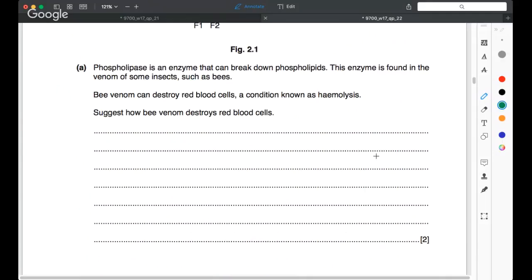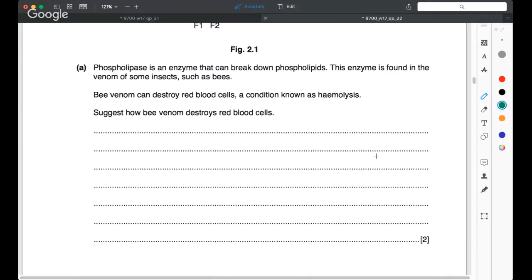By phospholipase breaking down the phospholipids of the phospholipid bilayer, it would destroy the cell surface membrane, which would destroy the red blood cell, and all of the contents of the red blood cell will leak out.